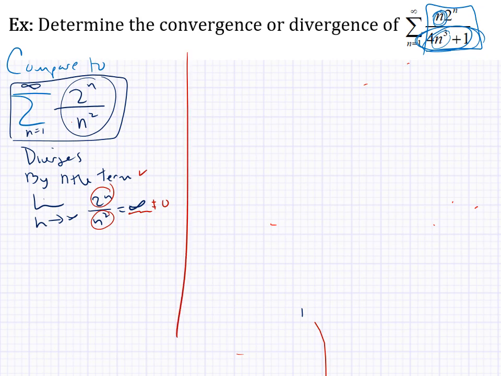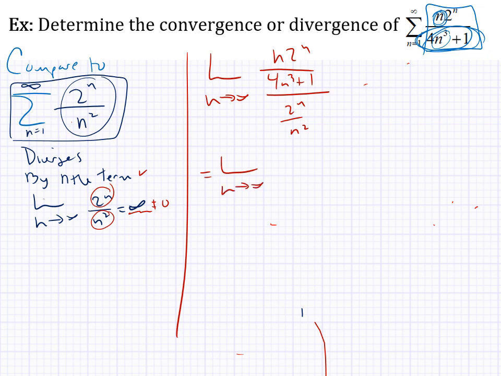So then if I said, all right, let's do the limit as n goes to infinity of n 2 to the n over 4n cubed plus 1 divided by 2 to the n over n squared, I have the limit as n goes to infinity of, flip and multiply, n cubed 2 to the n over 2 to the n times 4n cubed plus 1. So thinking about numerator and denominator now, you have an n cubed 2 to the n, you have an n cubed 2 to the n.